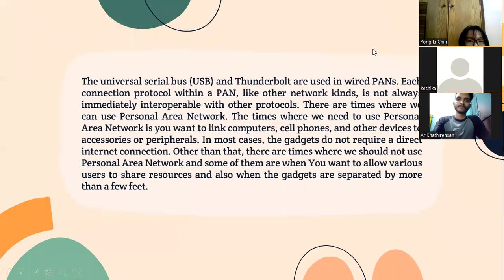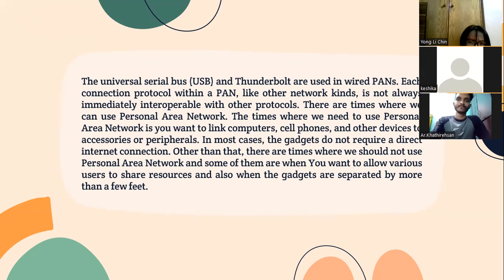Okay, next. USB and Thunderbolt are used in wired PANs. Each connection protocol within a PAN, like in other kinds of networks, is not always immediately interoperable with other protocols.